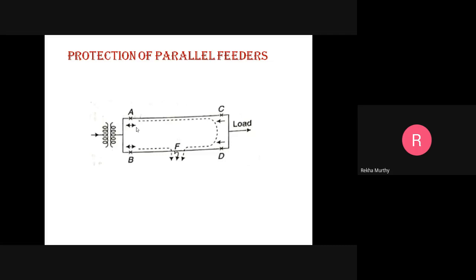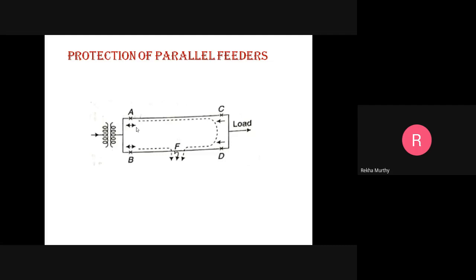Now coming to the next topic, how we are going to protect in a different fashion. You cannot always assume that the feeder lines will be in this fashion. They can be in a different way, a different type.